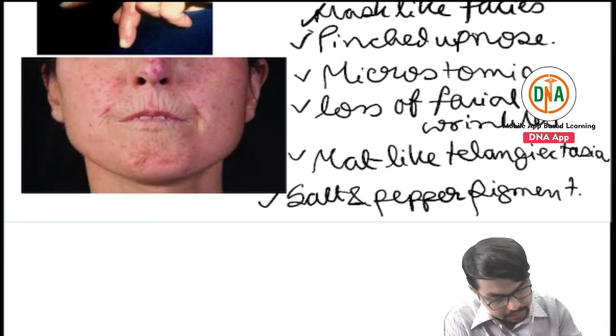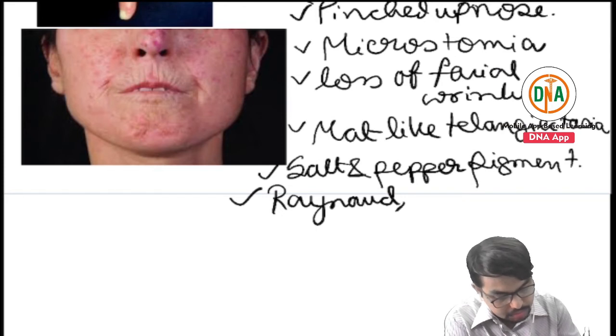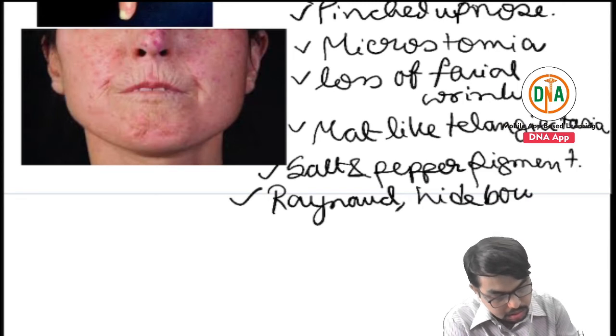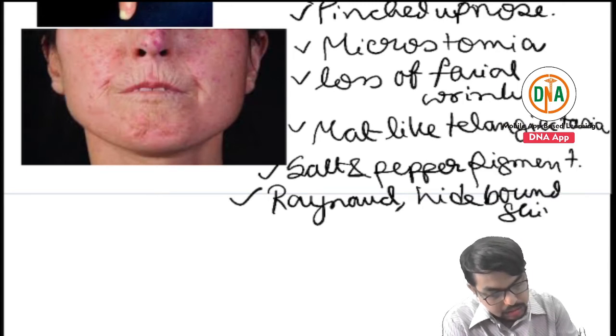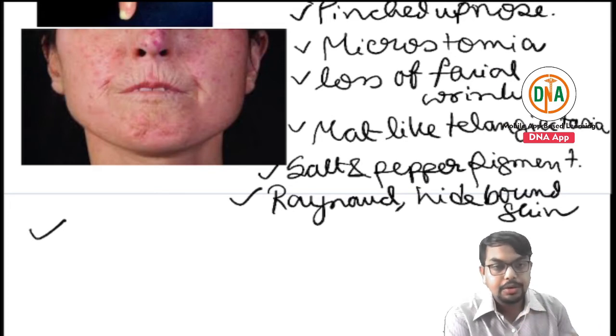Other common features, we get Raynaud's here, and hidebound skin is also common. What are the changes in the hand?